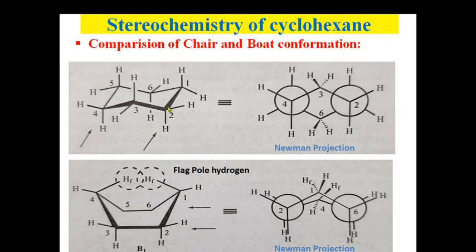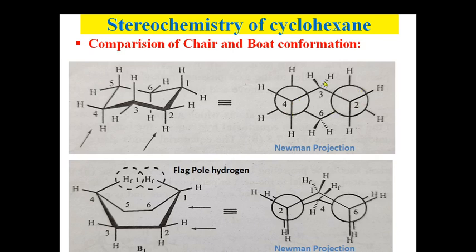So this is the front carbon, carbon number 2, and carbon number 1 is the back carbon. Carbon number 4 is a front carbon and carbon number 5 is the back carbon. As 2 and 4 are the front carbons, they are shown by the vertex of the circle.